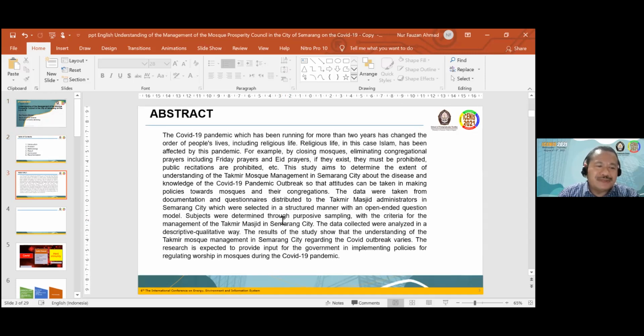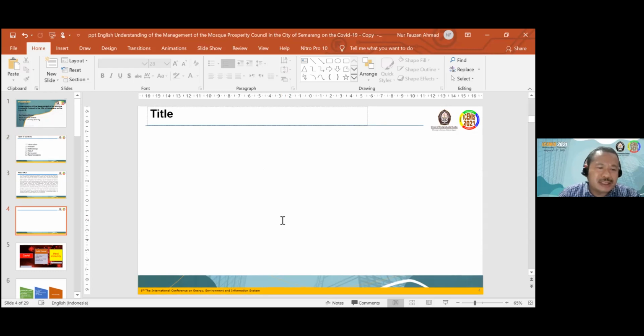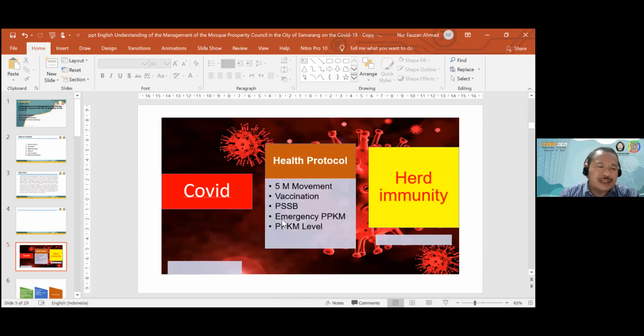In order to prevent the spread of the coronavirus outbreak, people are encouraged and even forced to stay at home, because according to research, transmission of the virus occurs through objects around us that are contaminated with the COVID-19 virus that we touch and then touch our mouth, nose, and eyes.